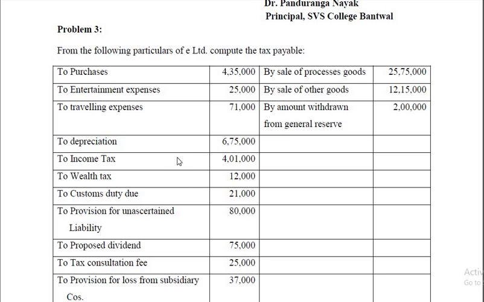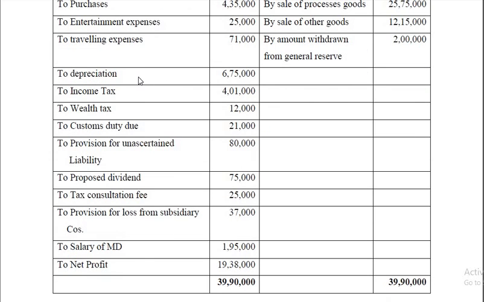Depreciation should be added back, and what is allowed under section 32 should be deducted. Income tax, wealth tax, customs duty due: the unpaid value, 21,000 minus 11,000, that is 10,000 unpaid even after filing income tax return, should be added back. Provision for unascertained liability, proposed dividend, provision for loss from subsidiary company are all to be added.